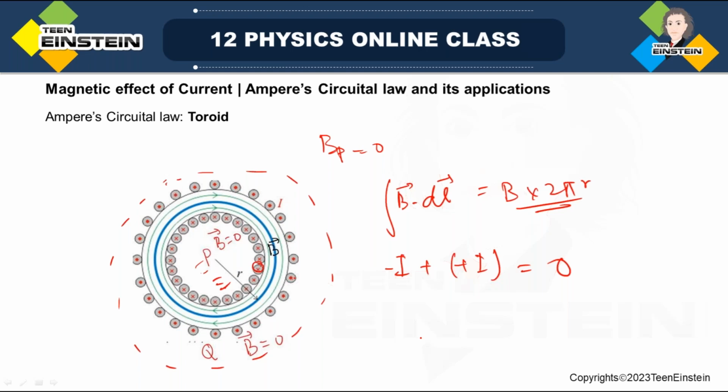Therefore, B into 2 pi r will be mu 0 into 0, that is 0. So the magnetic field is 0 at point Q also, or at an outside point.